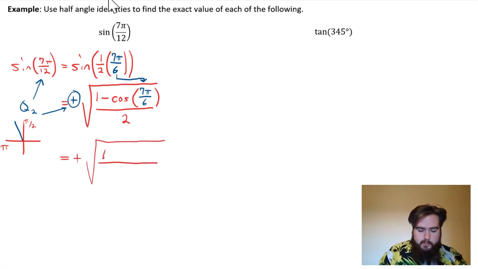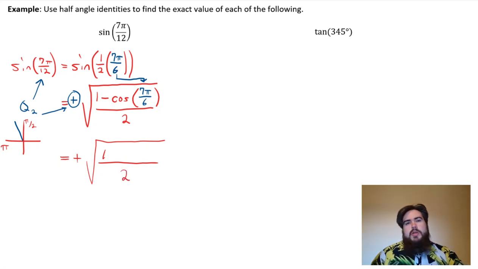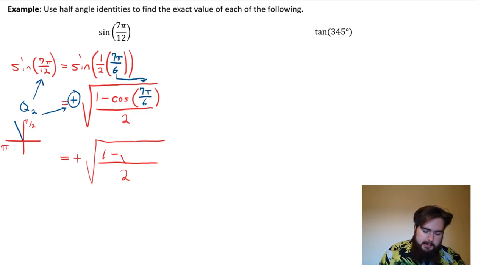Here I have 1 minus cosine of 7 pi over 6, divided by 2. Cosine of 7 pi over 6: 7 pi over 6 is in quadrant 3, so that's negative. And cosine of angle measures of pi over 6 will be radical 3 over 2. So this will be minus square root of 3 over 2.